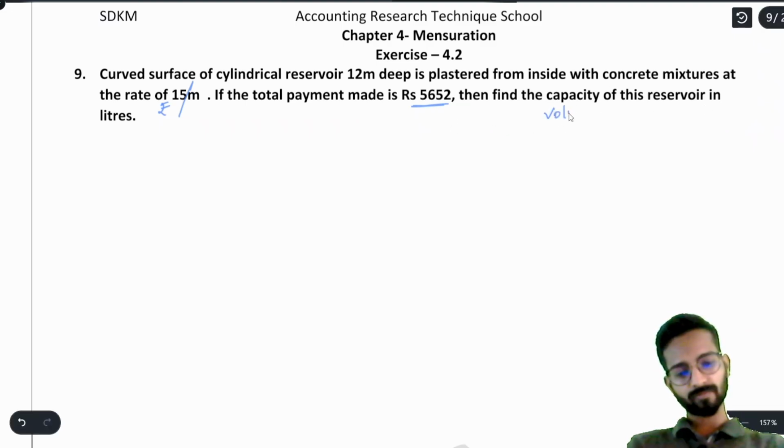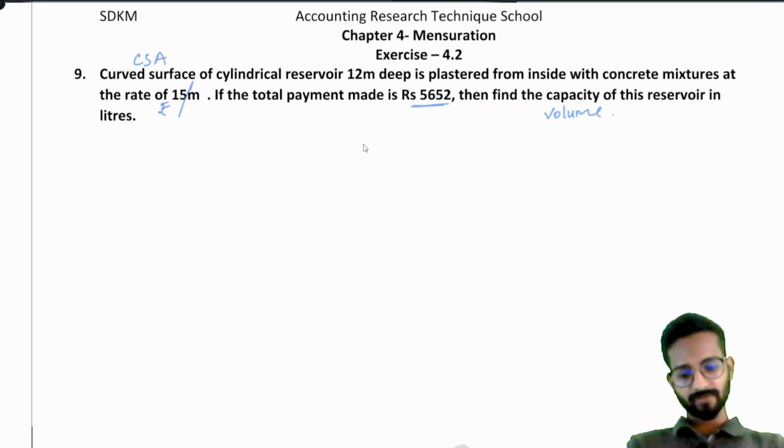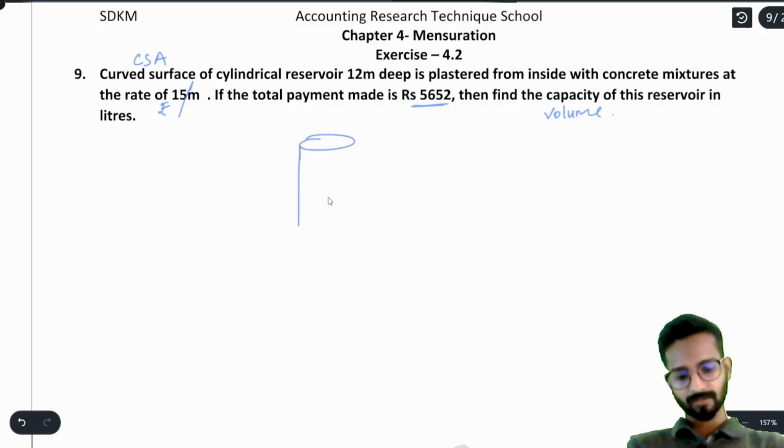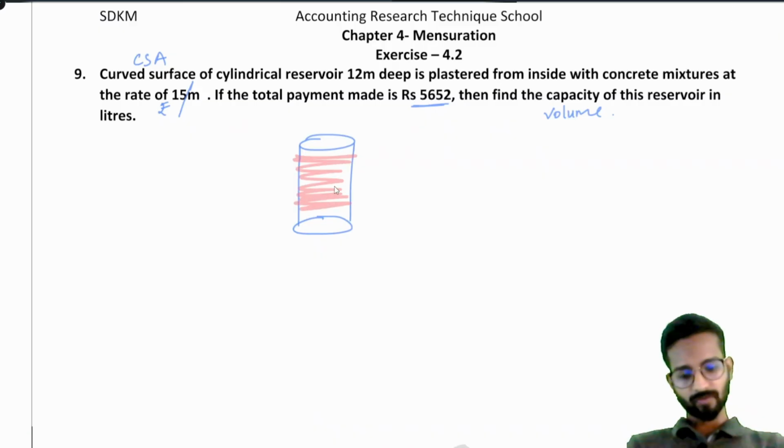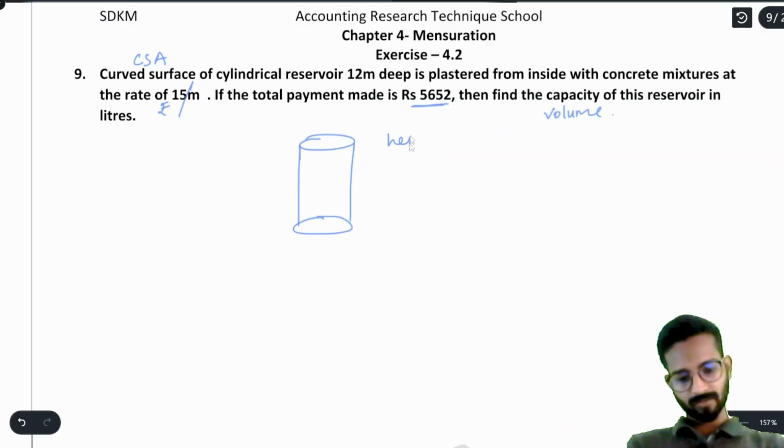Capacity means the volume. Curved surface area, they are saying this is given. Now understand, CSA of a cylinder, it means this curved surface area of the cylinder is 12 meter deep. So I can say height is given, that is 12 meter.